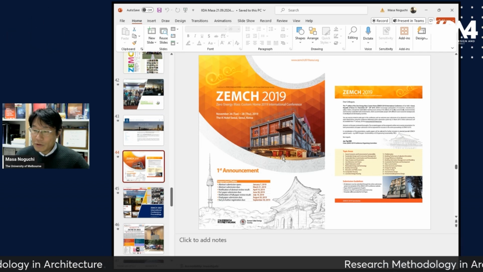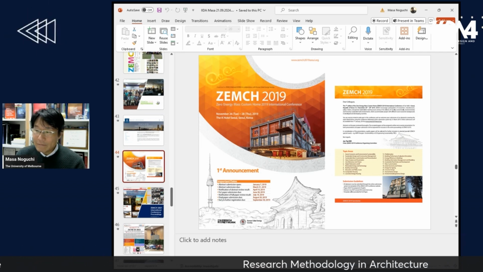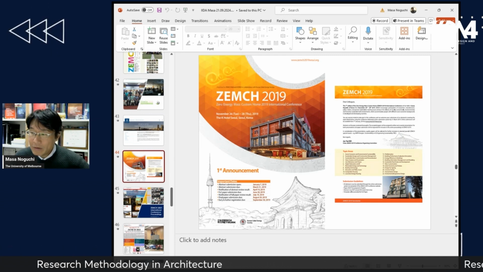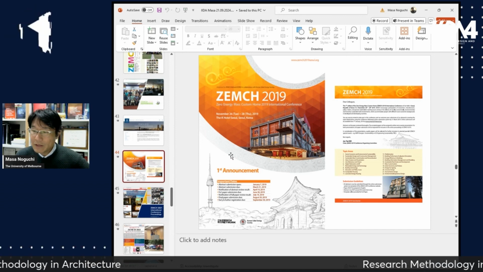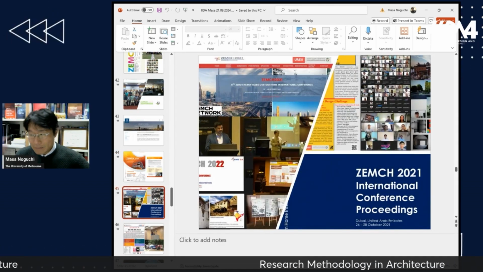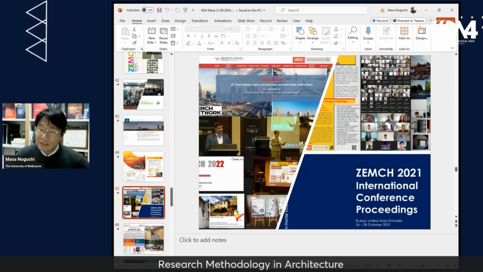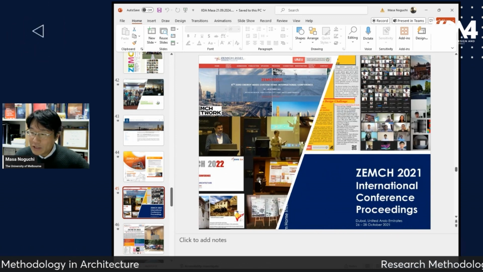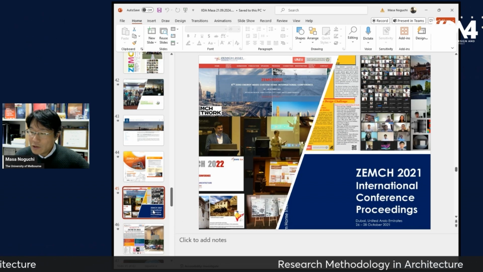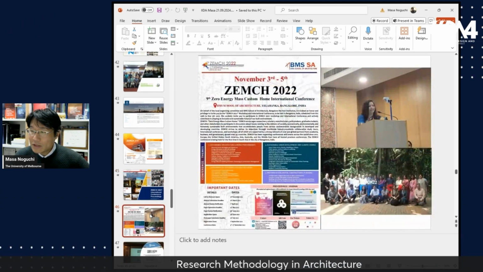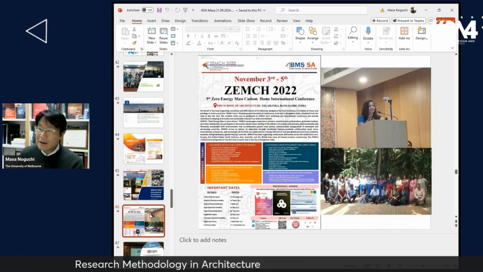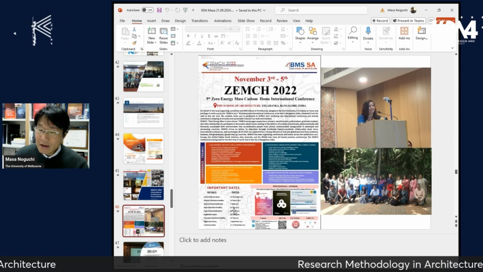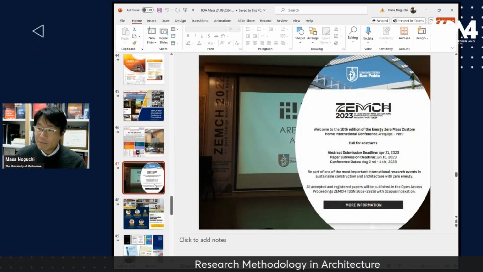They wanted to introduce and demonstrate innovative building systems, known as plug-in prefab building systems, which are relatively new and innovative. And 2020 was COVID, so skipping to 2021, United Arab Emirates University hosted, and in 2022 BMS School of Architecture hosted in Bangalore, and last year was Peru.